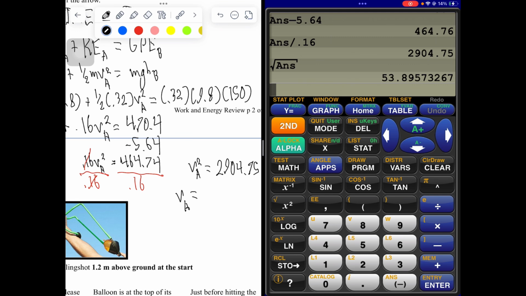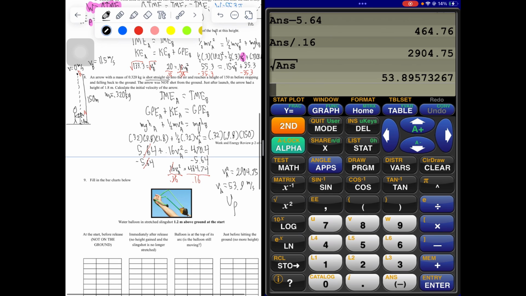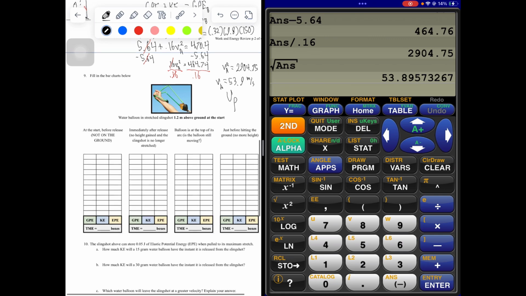Find out that it was 53.9 meters per second. We can even say that this velocity is upward, but we already had it as positive.